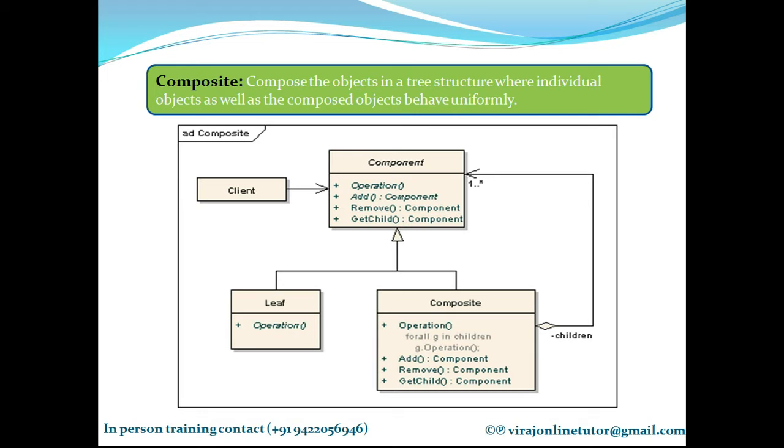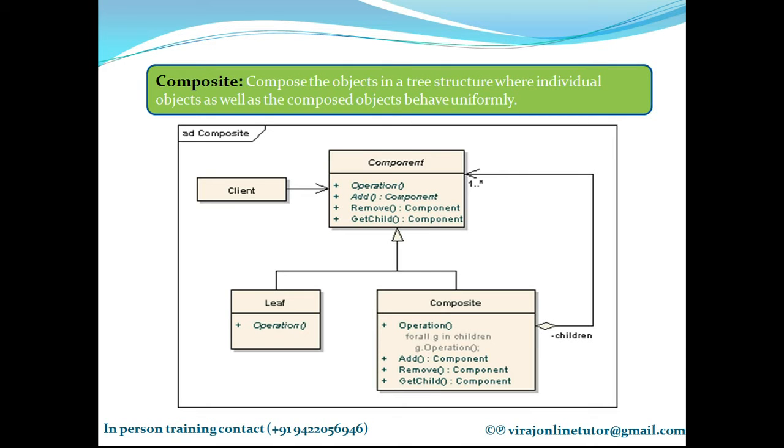So when I said use the composite design pattern when you want leaf and composed objects to behave uniformly, that means both the simple as well as complex objects will have the same member functions in them, and the invoker will invoke the same member function, and both should behave uniformly.